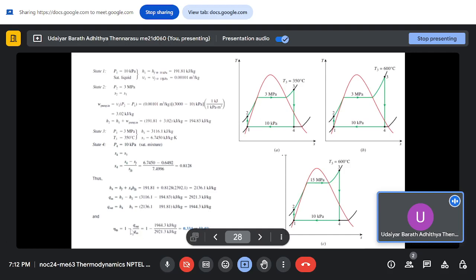This is a closed cycle, so your first law says your net Q is equal to net work done. That's what is done: Q in minus Q out by Q in, which comes out to be 1 minus Q out by Q in. So 1 minus heat out 1944.3 divided by 2921.3. This comes out to be 33.4%. Efficiency is 33.4%.